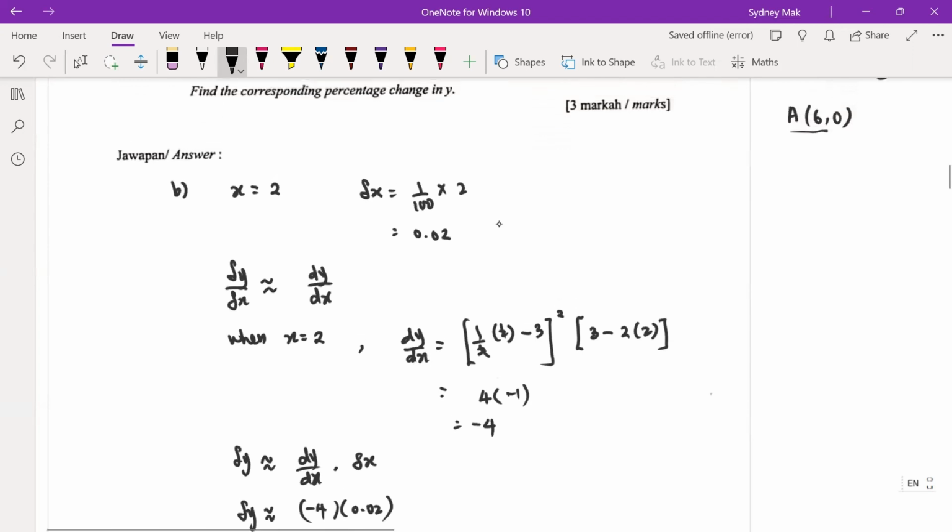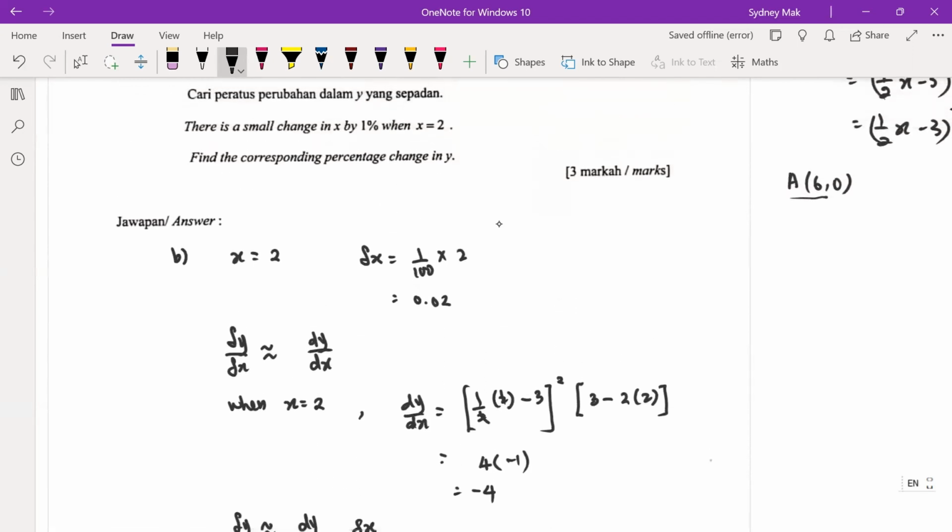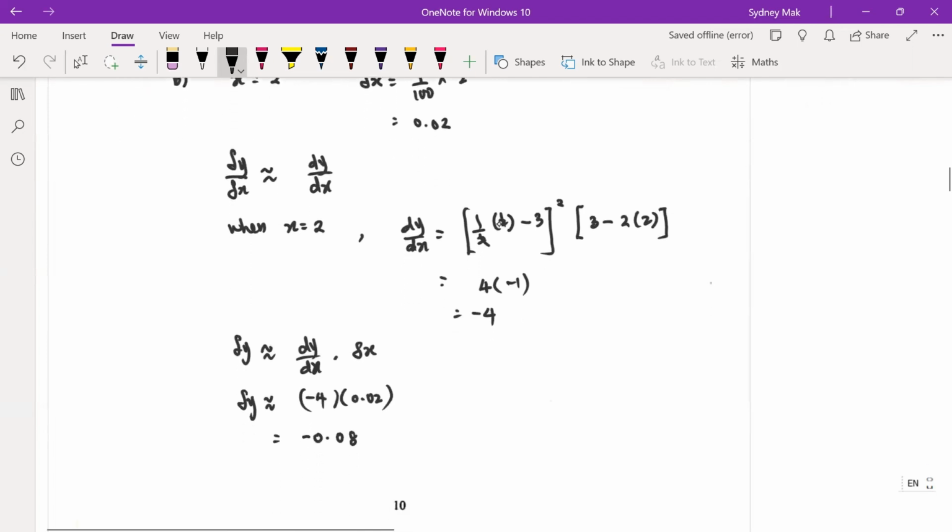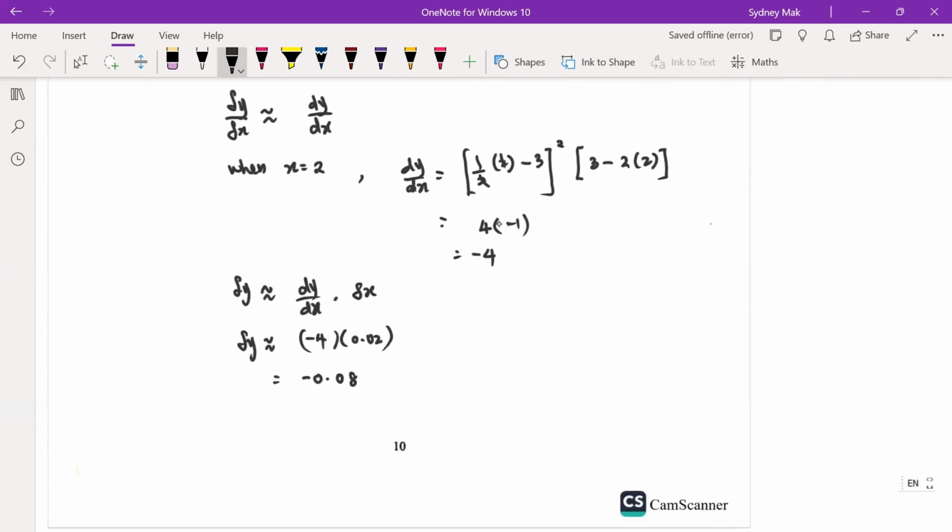Okay, let's see, have we answered the question? Find the corresponding percentage change in y. So the change of y is a reduction of 0.08. So what is the original y? Because the percentage change of y must be from the original y.